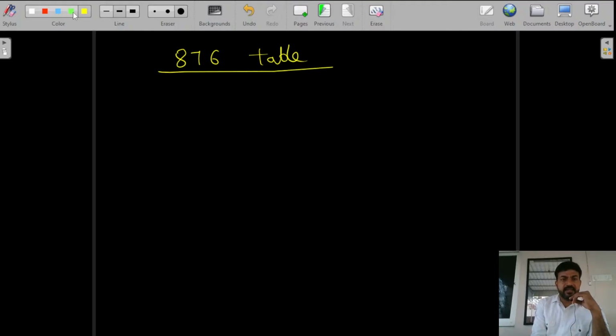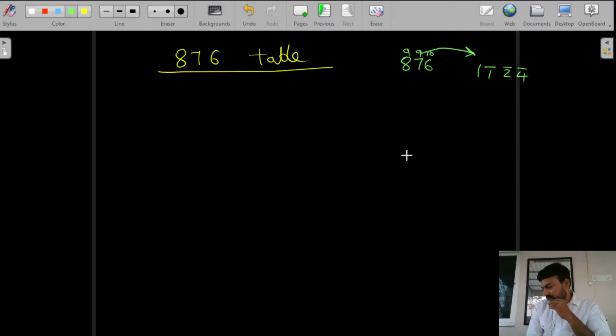This is very easy comparatively. It looks like fun, in fact. So first you have to convert 876 into vinculated format, that is all from 9, last from 10, that is 1 bar 1 bar 2 bar 4.